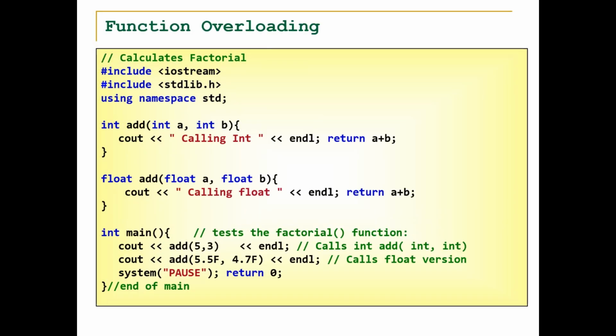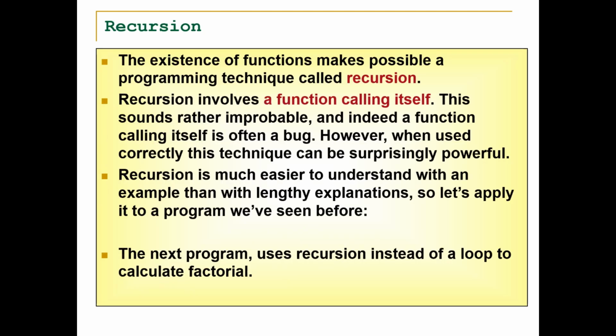And yes, function overloading is a thing, like having multiple friends named Alex who respond based on context. If you pass integers, it uses the int version. If you pass floats, it uses the float version. Smart, right? Now, for the star of the show, recursion, a function calling itself.